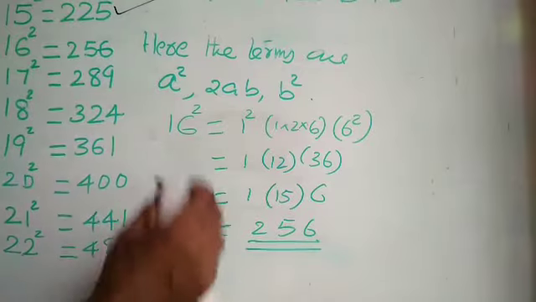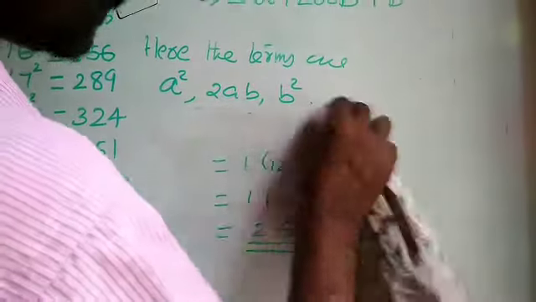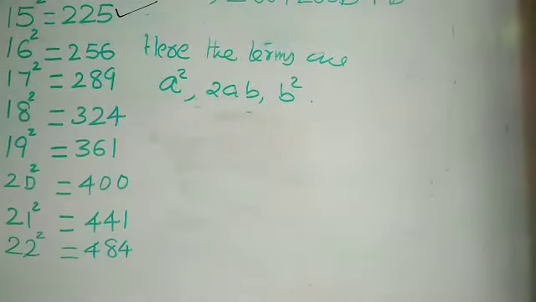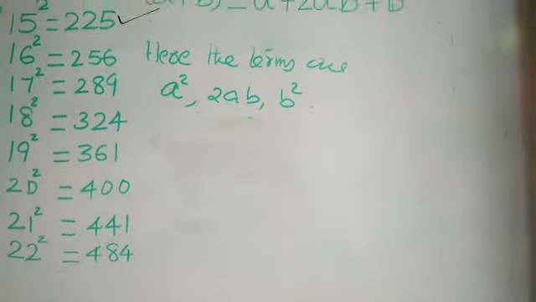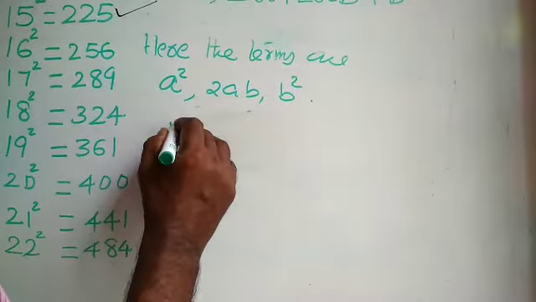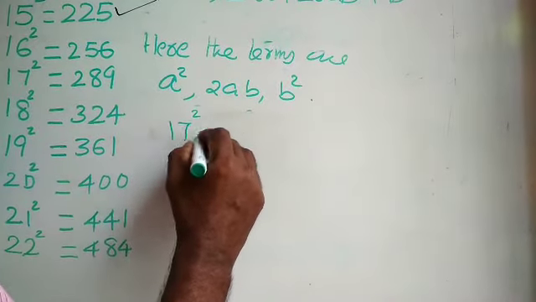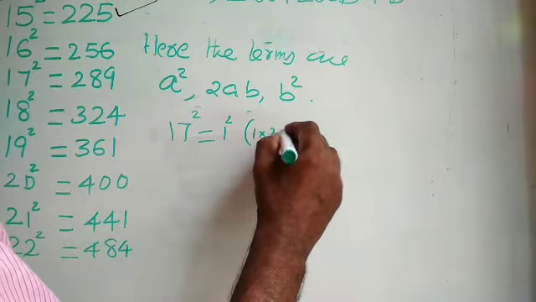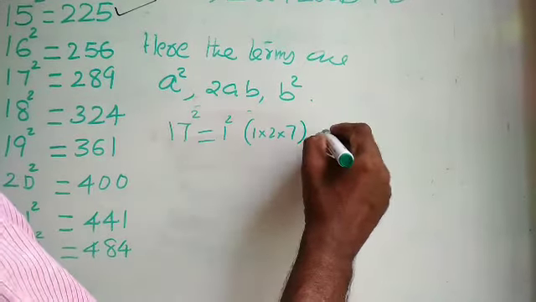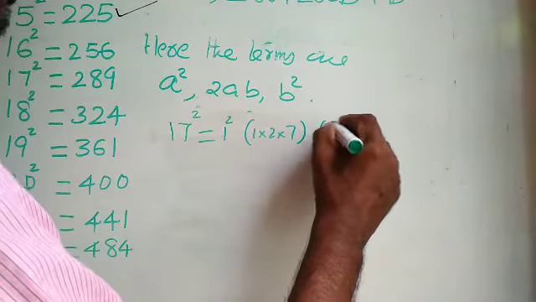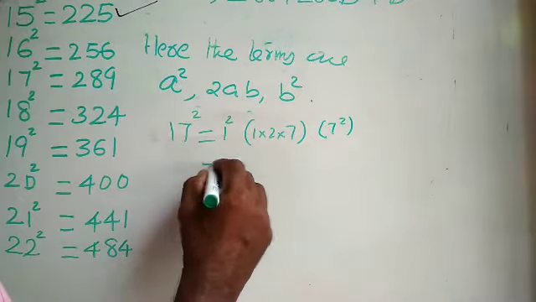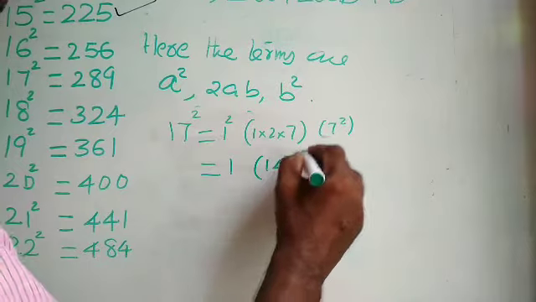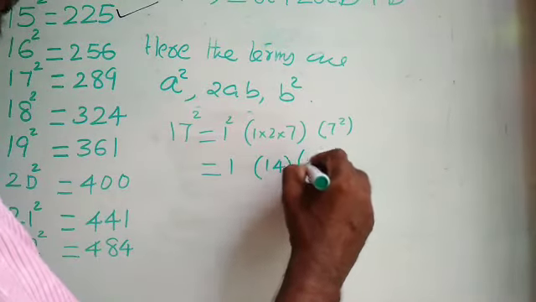Then 17 square. What is 17 square? 1 square, 1 into 2 into 7, 7 square. What is 1 square? It is 1. It is 14. It is 49.